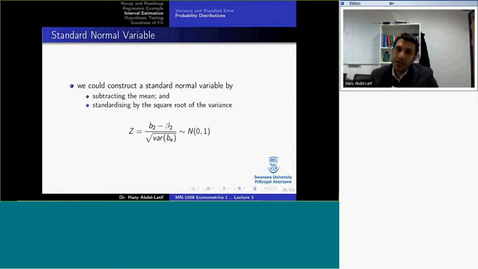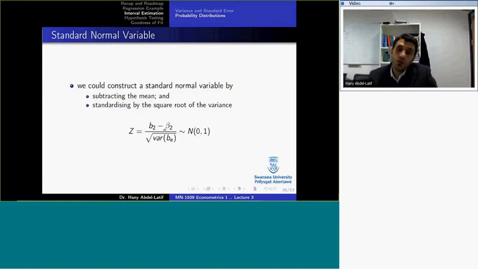So how do we convert a normal distribution to a standard normal distribution? One thing you need to do is subtract the mean and divide by the square root of the variance. The standard normal distribution has a nice property: the mean equals 0 and the variance is 1.